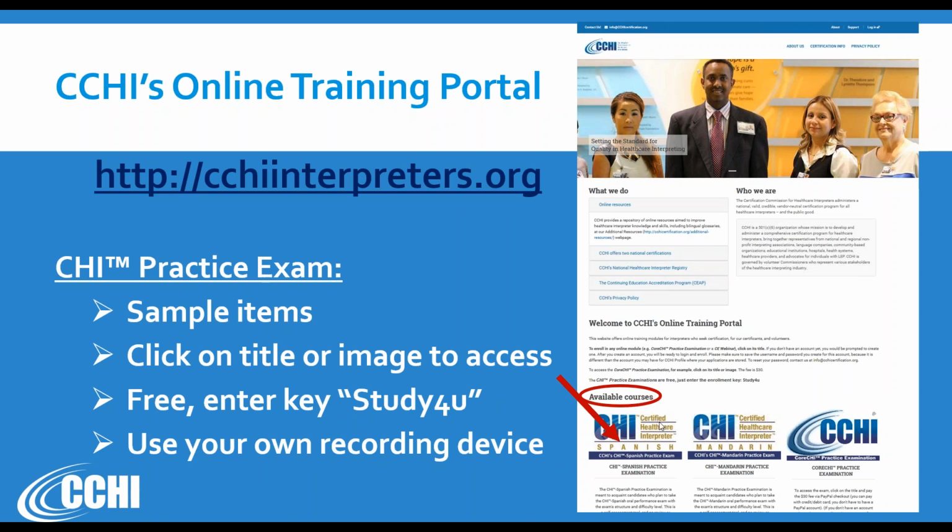So what you'll see there is you'll be able to hear a consecutive dialogue and a simultaneous vignette. So you click play, you hear it, record yourself, because then you click next, and on the next screen you will see one of the correct versions of the interpretation of what you just heard. So you can listen to your interpretation and compare to what you see on the screen.